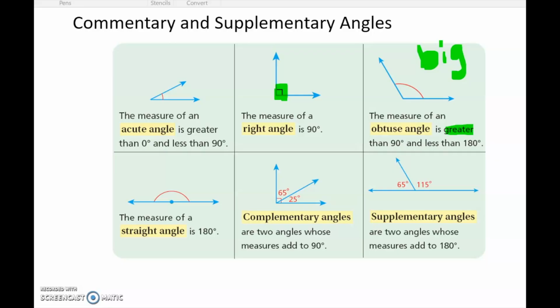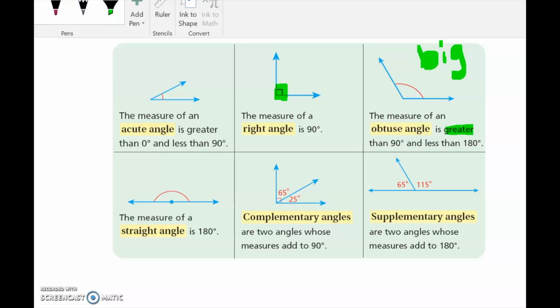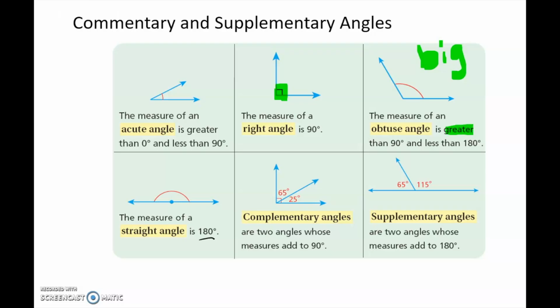And we talked about this a little bit in our last video. A straight line or a straight angle is 180 degrees. Today we're going to focus on 2 new vocabulary words, complementary. Complementary means if you take the 2 angles and you add them, so if I were to add my 65 plus my 25, they add up to 90.